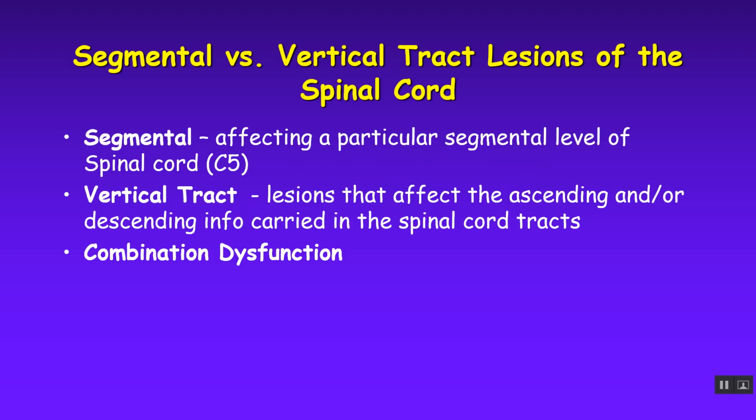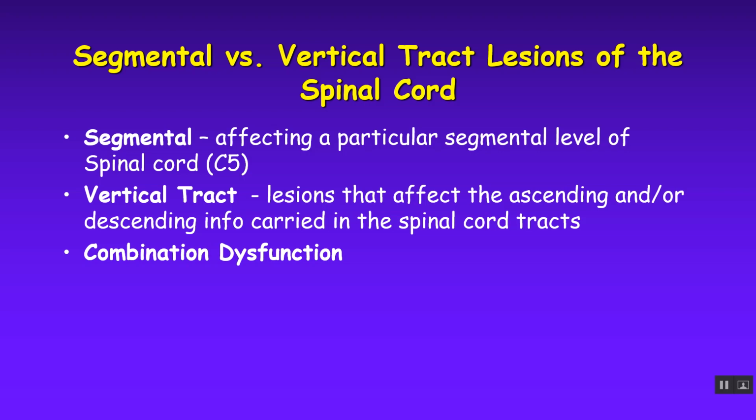Anytime you have a lesion to a spinal cord, you're going to have both segmental and vertical tract problems. Okay? The segmental problems is the damage that you're incurring at that segment of the spinal cord that affects that specific segmental level.